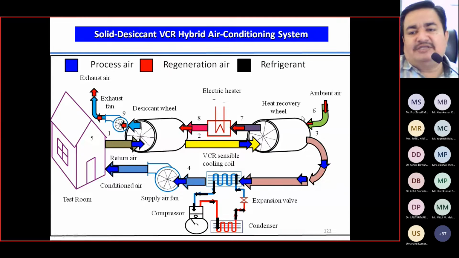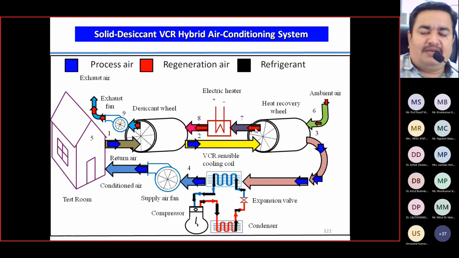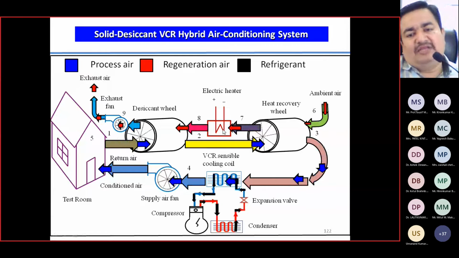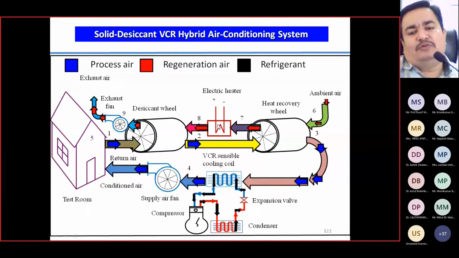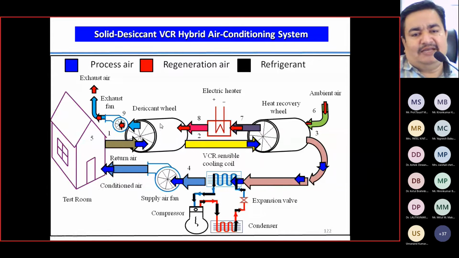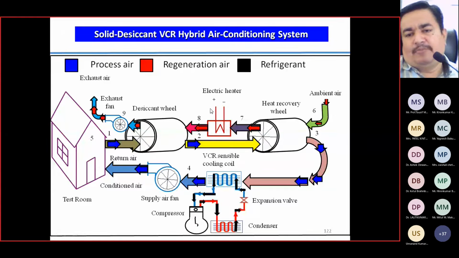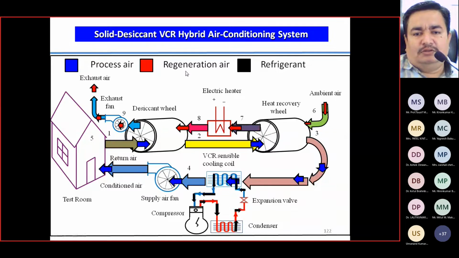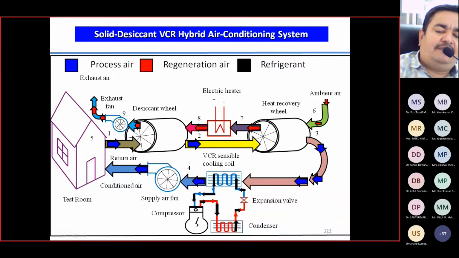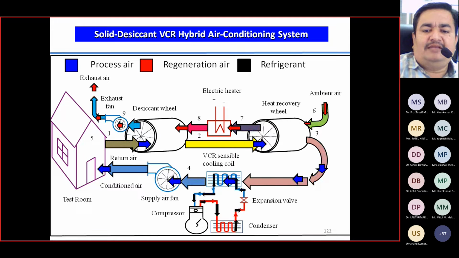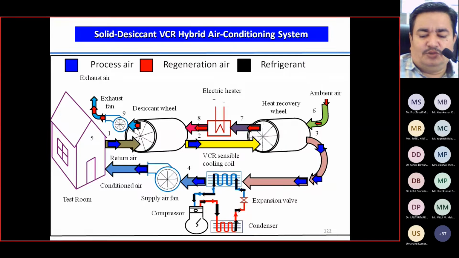On the reactivation side, ambient air is first taken into the heat recovery wheel to preheat the air before the heater. In the heater, we achieve the temperature required for desorption of the desiccant, and it passes through the desiccant wheel and flows to the exhaust. So this is how the process air, reactivation air, or the refrigerant flow if a VCR unit is integrated in the hybrid cycle.